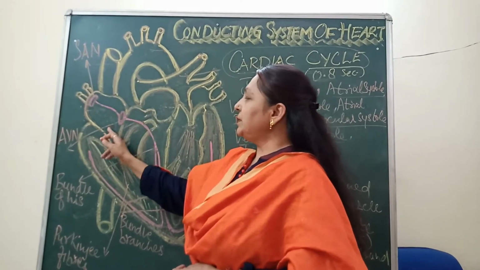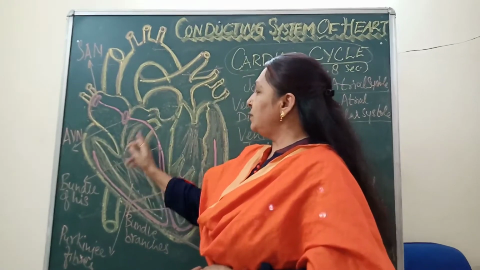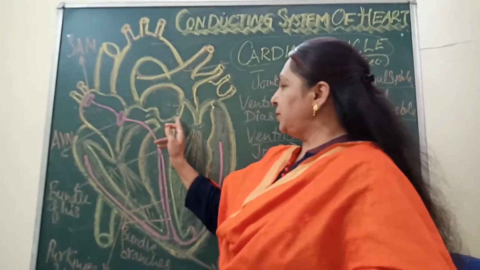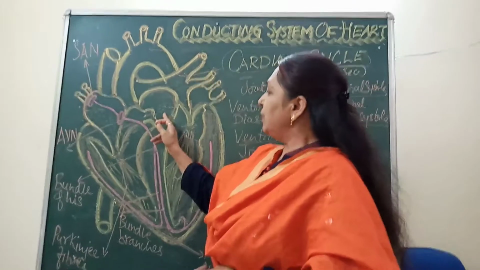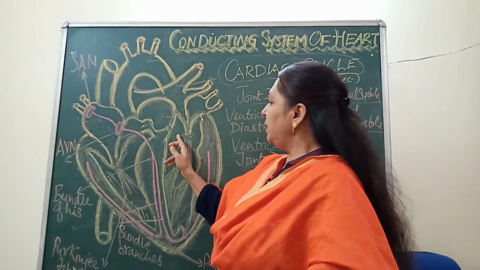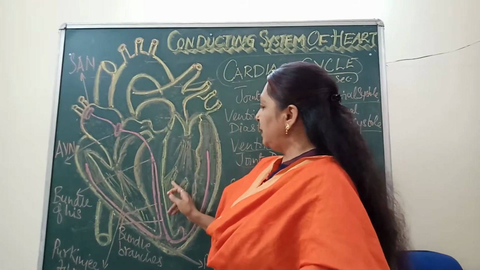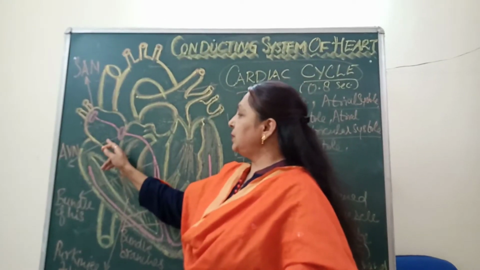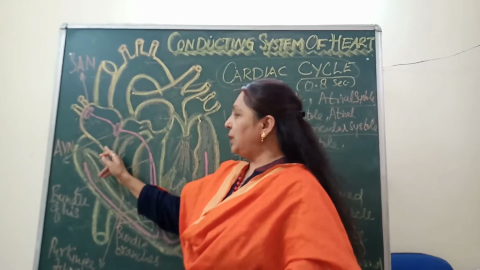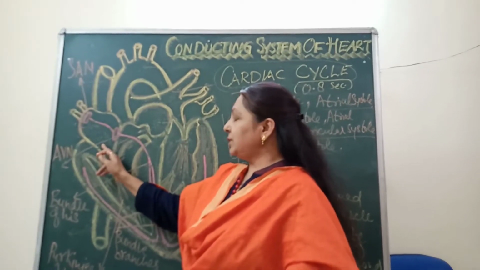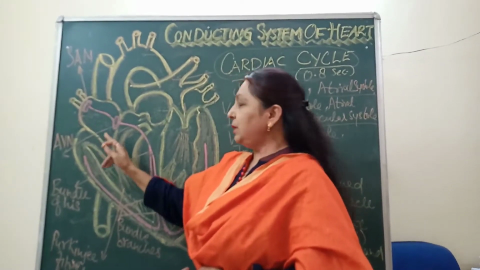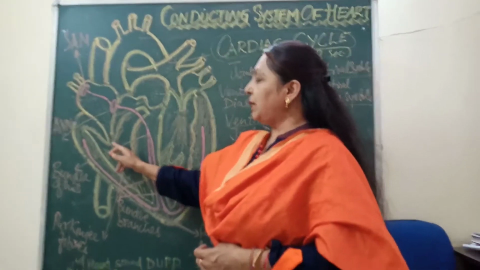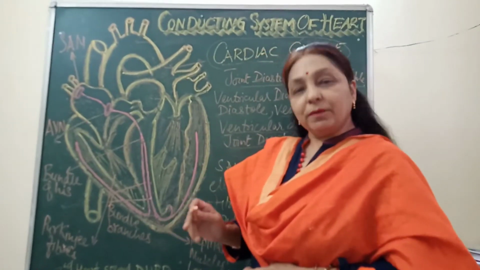So both the auricles get filled up and the valves below both auricles open. From the left auricle, the blood goes to the left ventricle by opening of the bicuspid valve, and from the right auricle, the blood goes to the right ventricle by opening of the tricuspid valve.